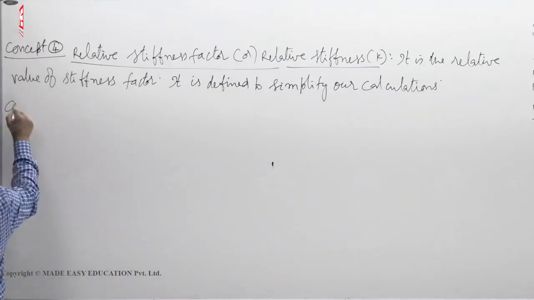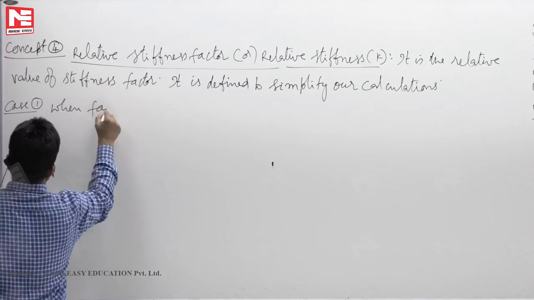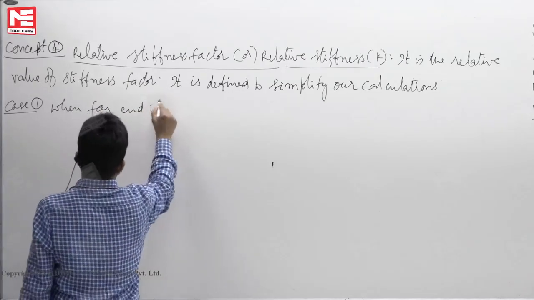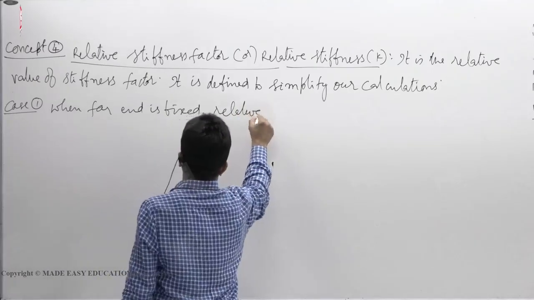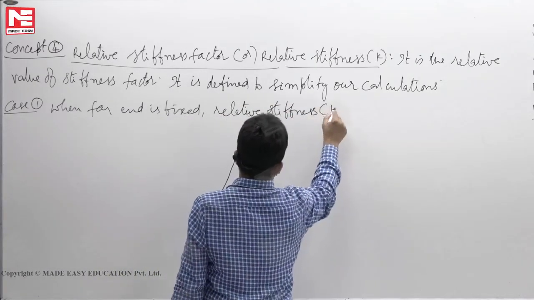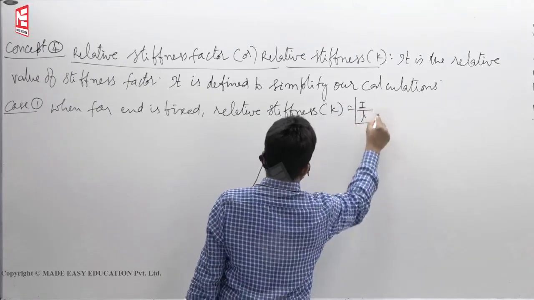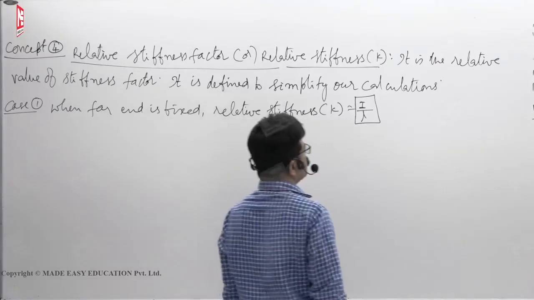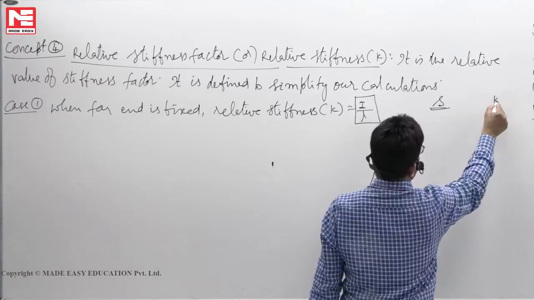Case 1. When the far end is fixed, relative stiffness K is equal to I by L. So stiffness factor, relative stiffness.